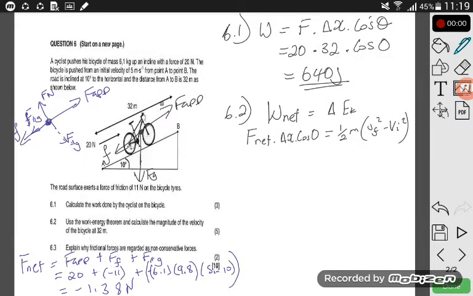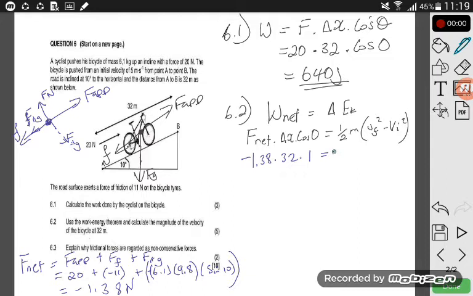Now we're getting the net force with a negative. That means there's a net force down the slope. So you come here and you're saying minus 1,38 times 32 times cos 0, which is 1, is equal to half the mass. So we're talking of half of 6.1, which is 3,05.